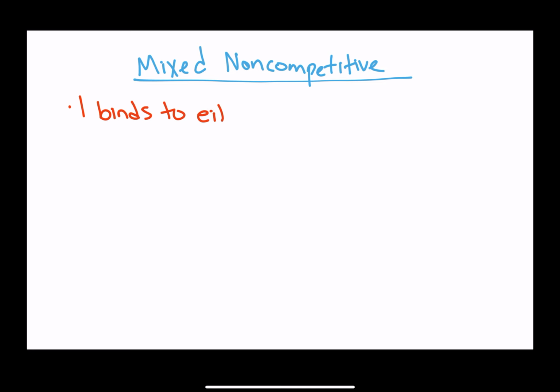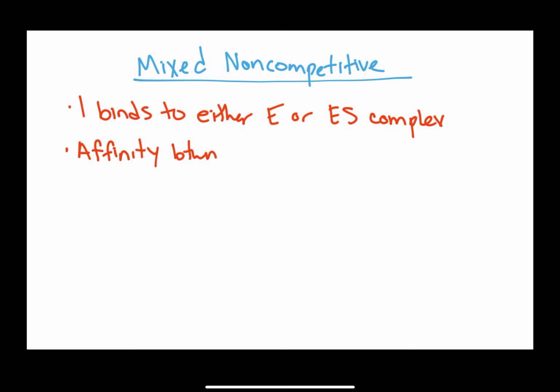The next type of inhibition is mixed non-competitive inhibition. So this kind of inhibition is when the inhibitor binds to either the enzyme or the enzyme substrate complex. But in mixed non-competitive, which differs from pure non-competitive, which is the next and final kind of inhibition, the affinity for each of those two differs.